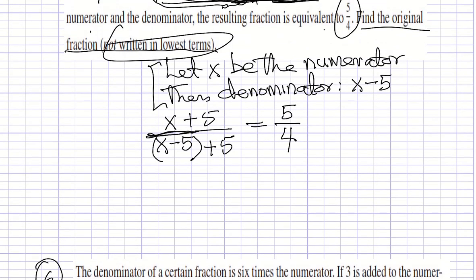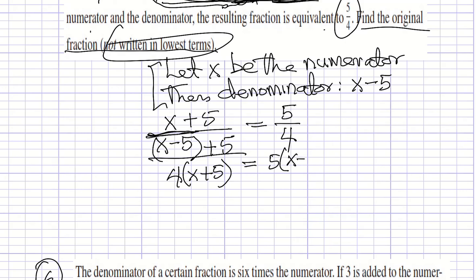We'll cross multiply. We say 4 times that is equals to 5 times that, the whole thing right there.